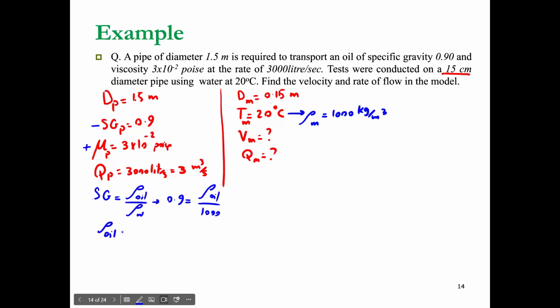So rho of oil is 900 kilogram per cubic meter. I think these are the only things that I can change here. If anything else is needed, I will make an adjustment for that.